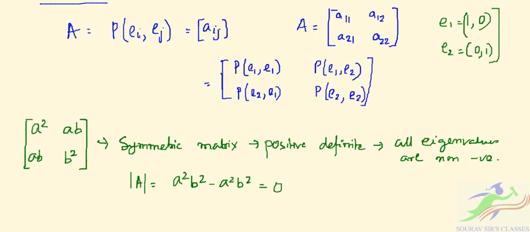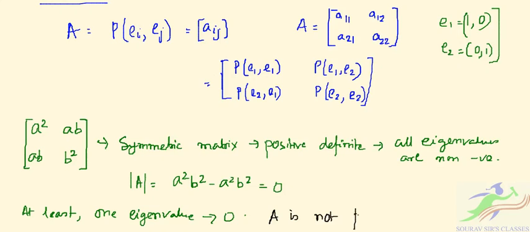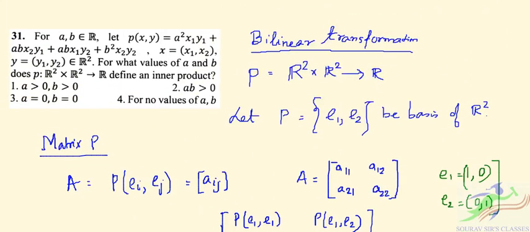So we can infer that at least one eigenvalue is 0. So though it is a symmetric matrix, it is not positive definite. Since it is not positive definite, P cannot define an inner product.